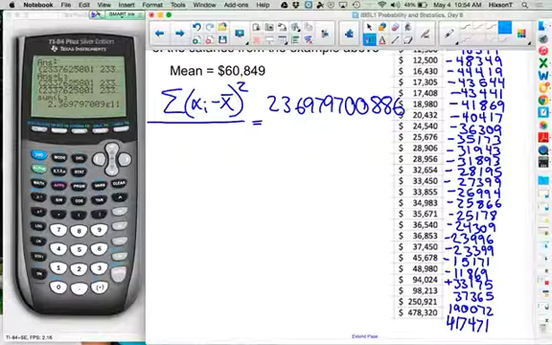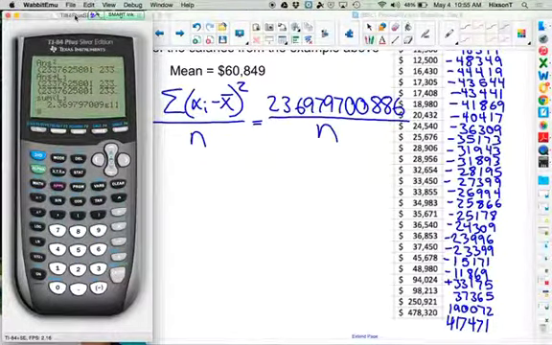Okay. So what do we need to do with that then, according to our formula? We divide it by n, and n in this case is how many of these we had. Do you remember how many we had? We had 25. So we divide that by n, and you should get 94791, okay?